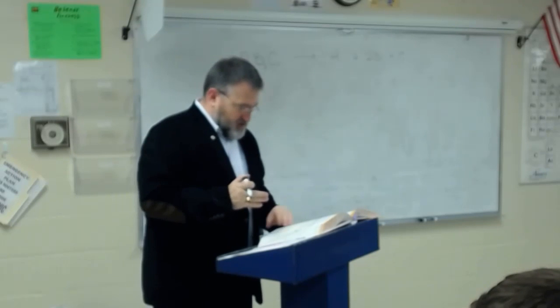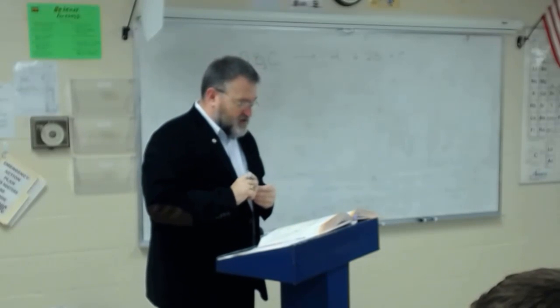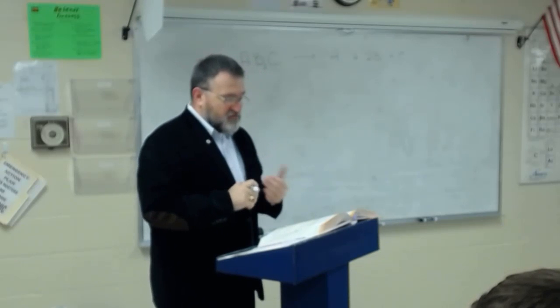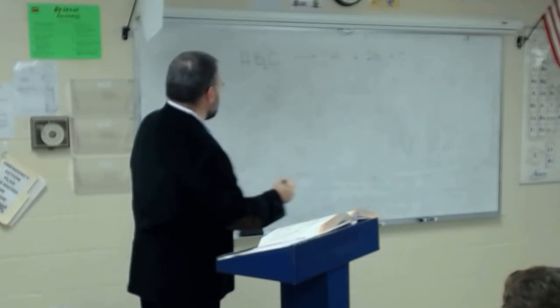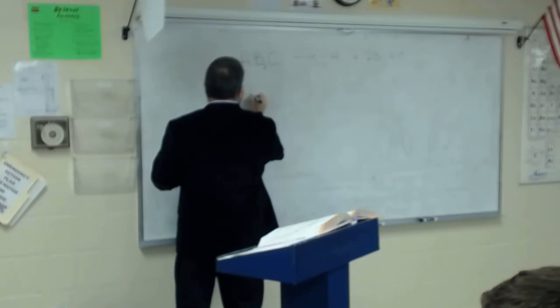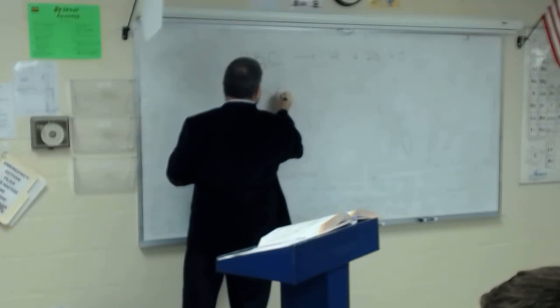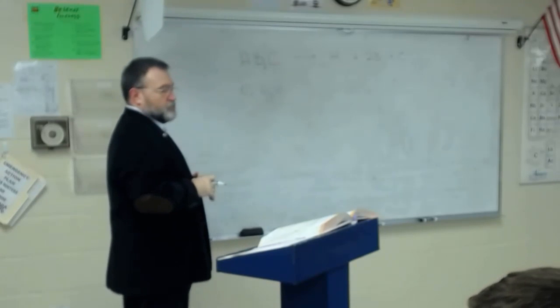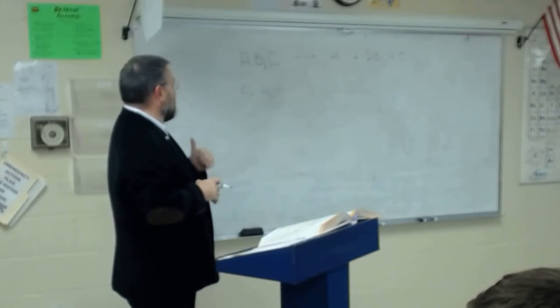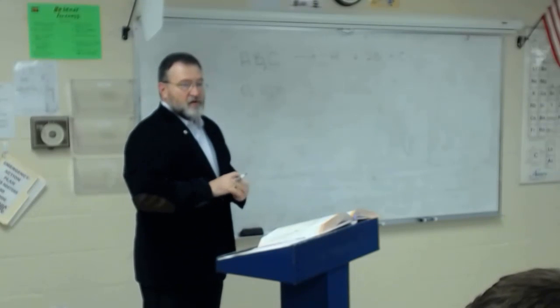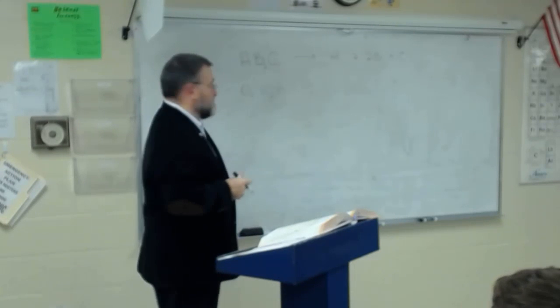So looking over at example 7.1 on page 243, it says, write the chemical equation that describes the decomposition of ethanol. Well, ethanol, C2H6O. If I'm going to break it down into its constituent elemental forms, what elements do I have to take into consideration?